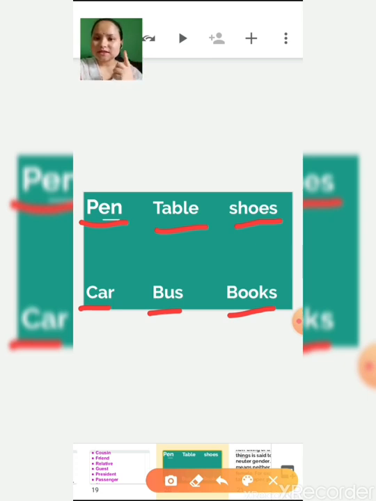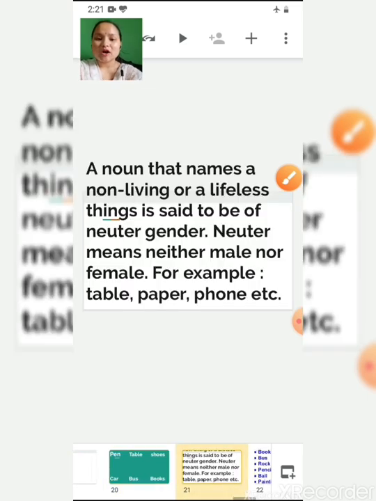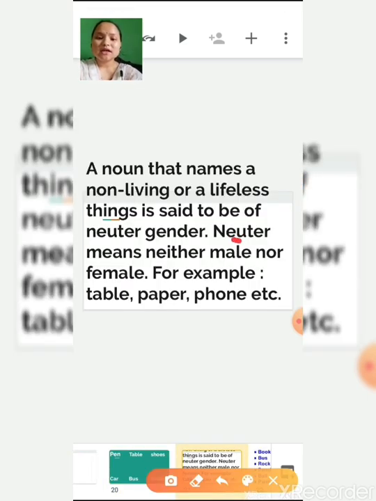Does pen come under masculine gender, feminine gender, or common gender? No, because pen doesn't have any gender. Pen is not female, not male, not common. Table is not male, not female, not common. Shoes is not male, not female, not common. So these types of nouns come under neuter gender.